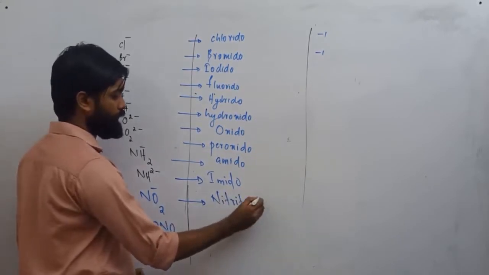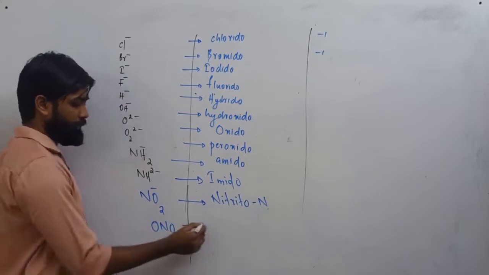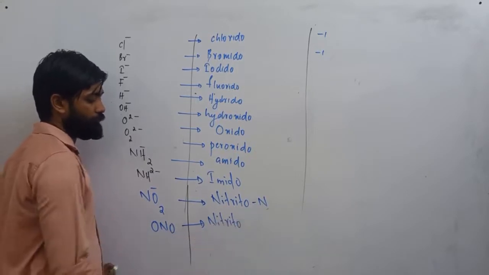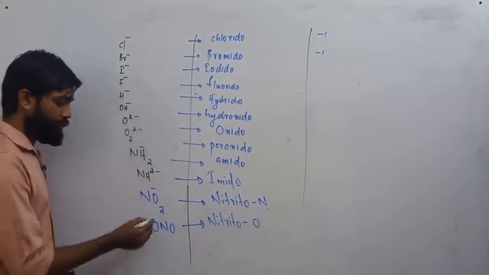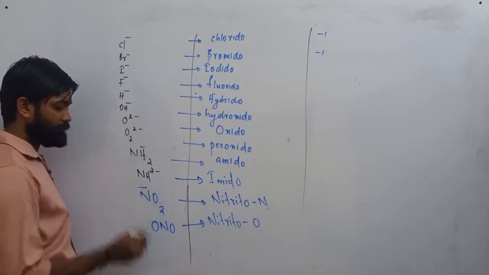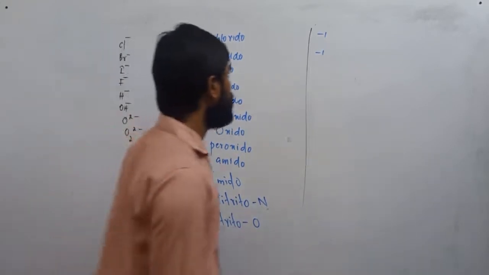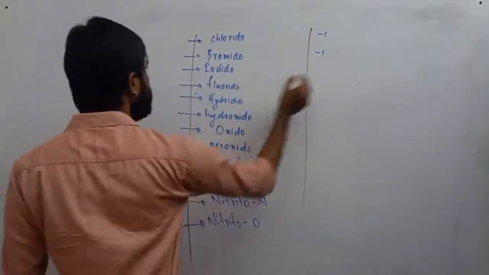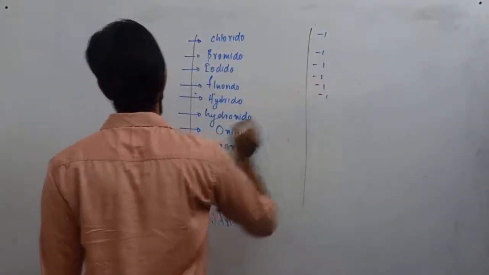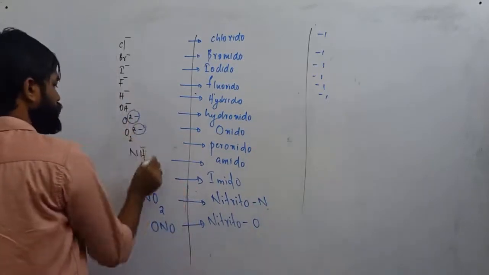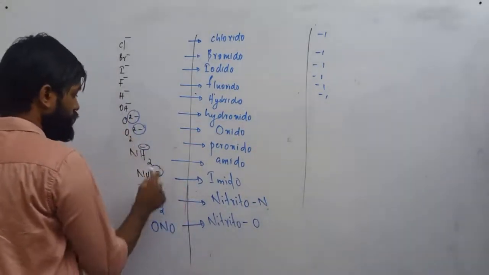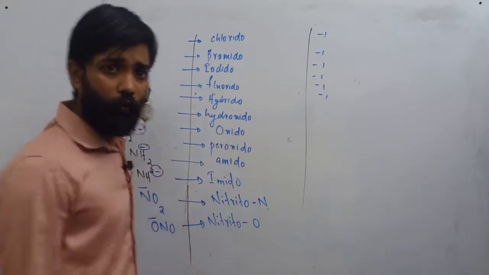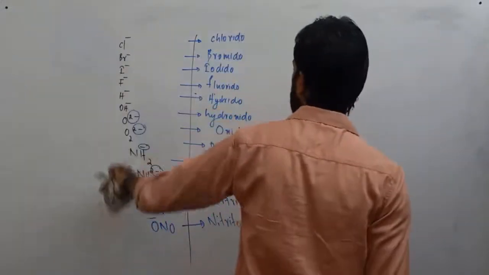NO2 minus is nitrito-N, and ONO minus is nitrito-O, because the donor atom is oxygen. Here the donor atom is nitrogen. These have charges -1, -1, -1, -1, and this one -2. The charges are given at the top of each ion, so you can complete that table.